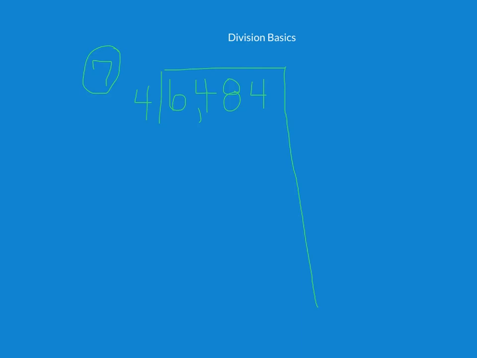All right, when I look at the total of 6,484, I know that 1,000 is my largest place value, and I know 4 times 1 is 4, so I will just simply start with 4 groups of 1,000. And 4 times 1,000 is, of course, 4,000.